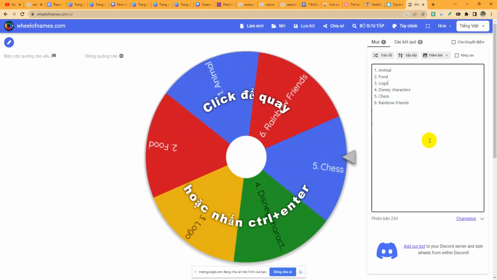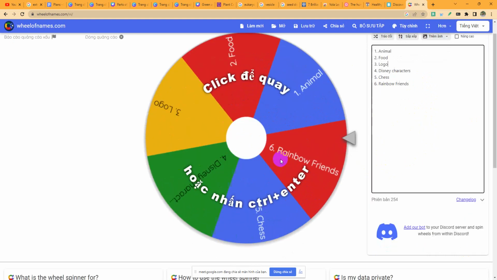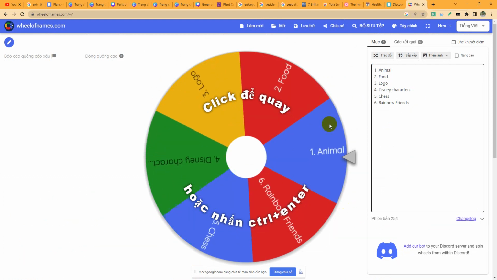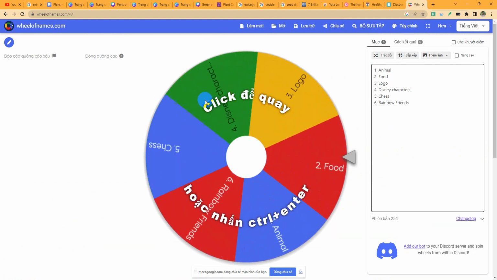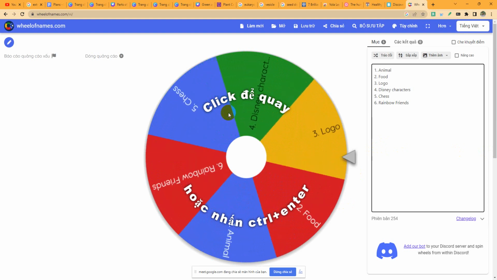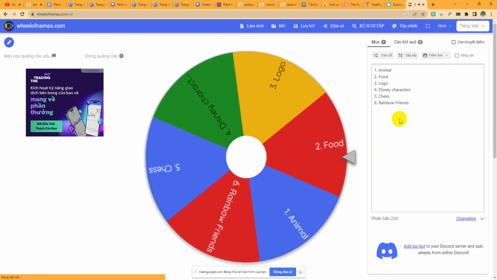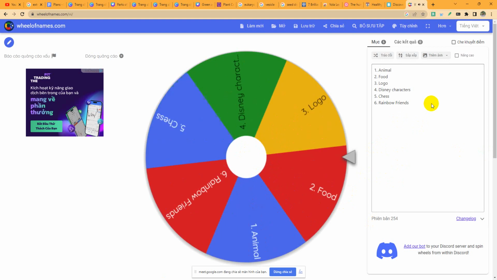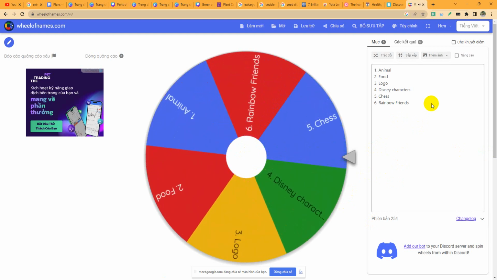Alright, so we have 6 suggested themes here, and this spin will randomly choose the theme for today, and I swear to you guys that this wheel will never lie. So yeah, let's see which one is lucky enough. Oops.